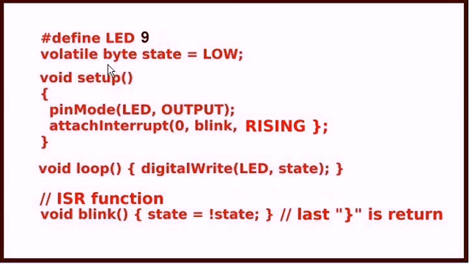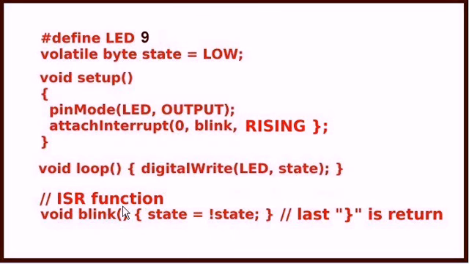All it does, remember we had this volatile byte variable and it was set low. The little ISR routine blink is simply state equals not state. That is, if the state variable was a 1, now it's a 0. If it's a 0, it's a 1.